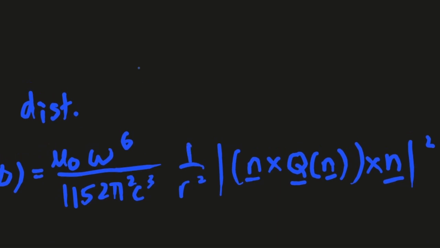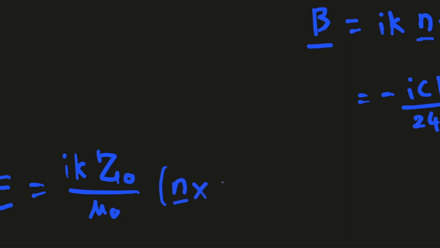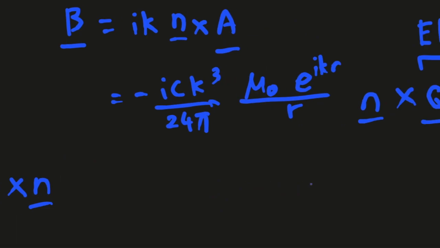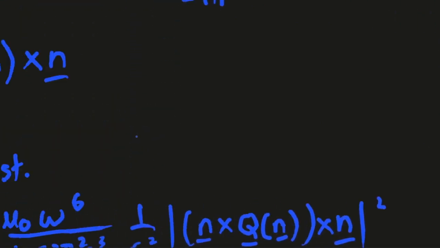And to get this Poynting vector, we actually need the electric field, but you can get it by this, n cross A cross n. So that's the symmetric term. Just look at what this is telling us.